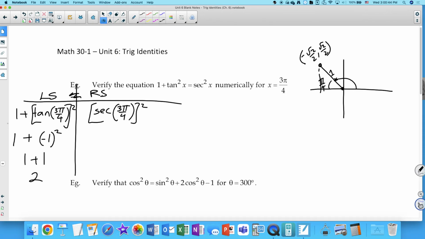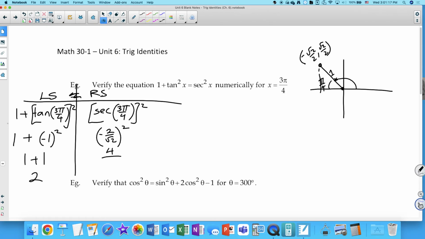The right side, the secant of 3 pi over 4 is the reciprocal of cosine. Okay, so cosine is this guy. So secant will be the reciprocal of that, negative 2 over root 2 squared. And when we square negative 2 over root 2, well, firstly, the negative sign is going to go away, because you square a negative, you get a positive. 2 times 2 is 4.